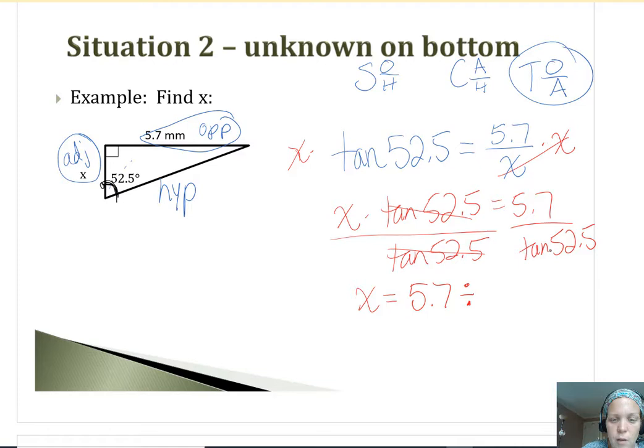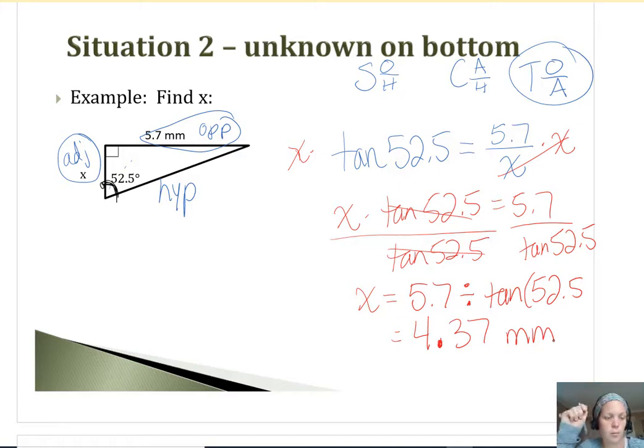So 5.7 divided by tan 52.5 is how I'm putting this in my calculator. It starts a parenthesis, you don't really need to end it though. So 5.7 divided by tan 52.5 is 4.3737. We're talking about millimeters here, so even 37 is pretty accurate.